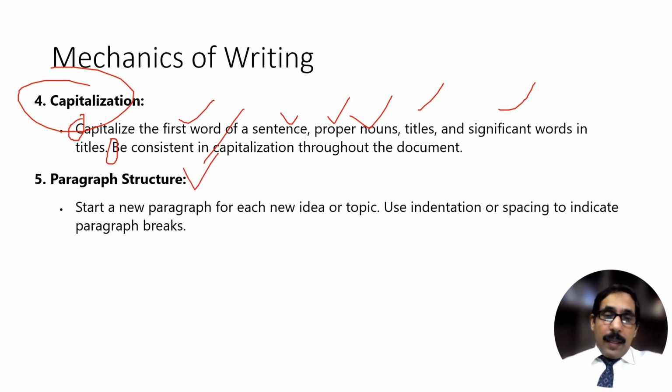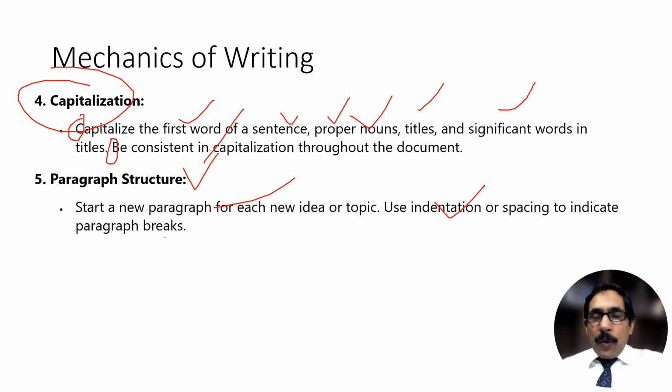Paragraph structure. Start a new paragraph for each new idea or topic. Use indentation or spacing to indicate paragraphs. A paragraph should have one idea. It should have around seven to eight lines. Generally, the first line of each paragraph is known as its hook that tells about the paragraph.